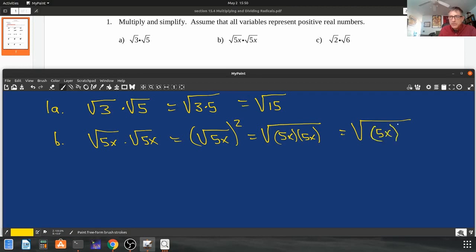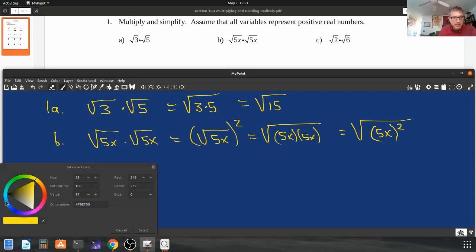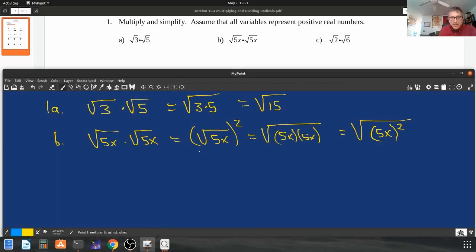Now look where the square is. I just want to point out so you understand what I just did. This notation right here is just another way of writing the same thing. This is A, and this is also A, and A times A is A squared.